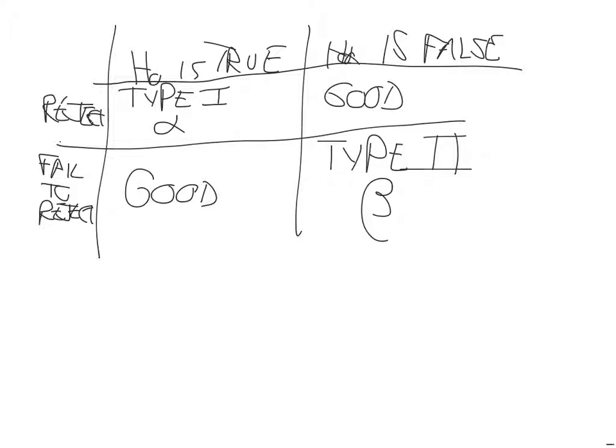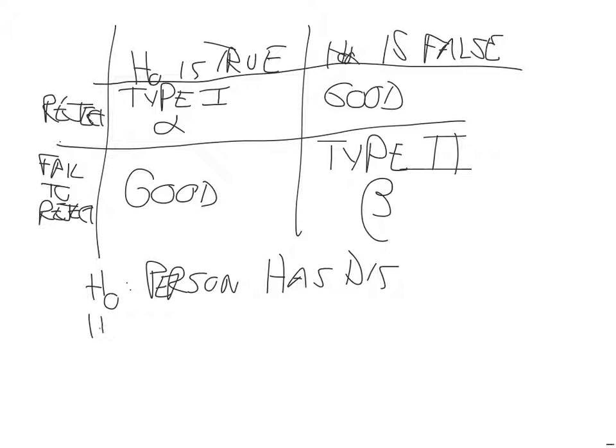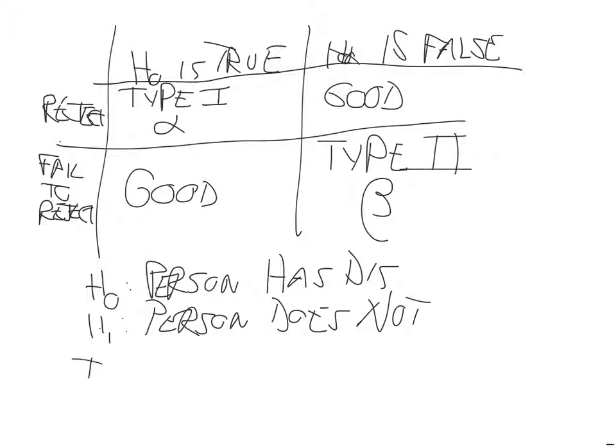So let's say that H0 is that a person has the disease versus H1, the person does not. Then if you reject H0 when in fact the person does have the disease, that's your Type 1.